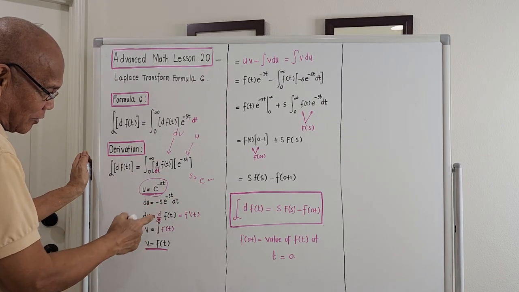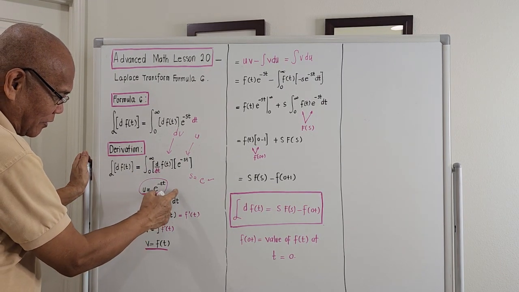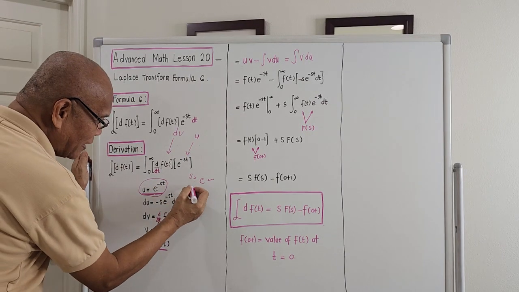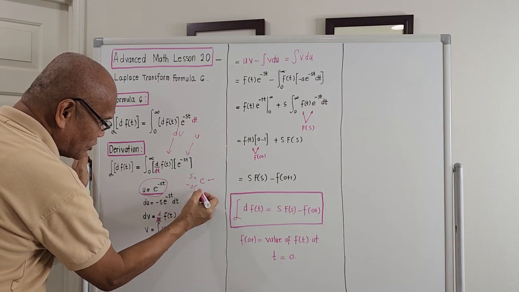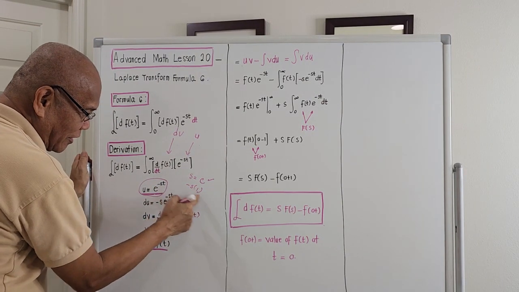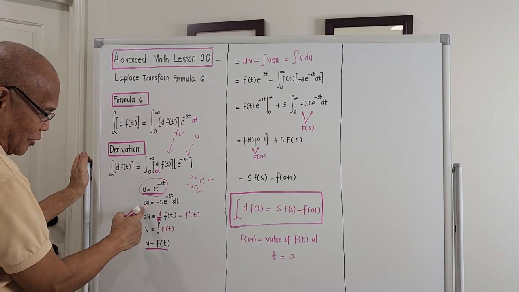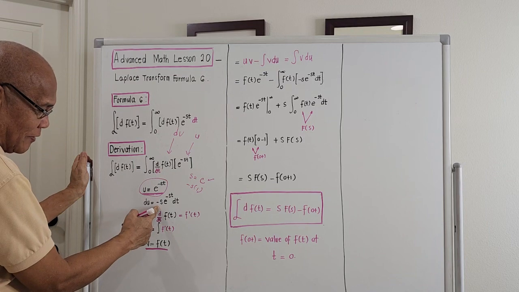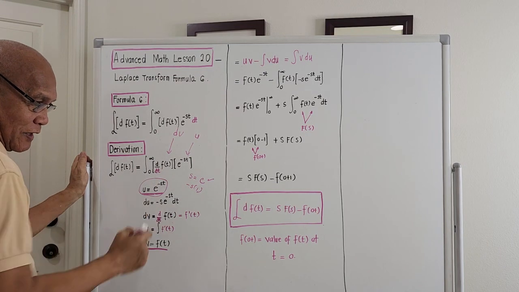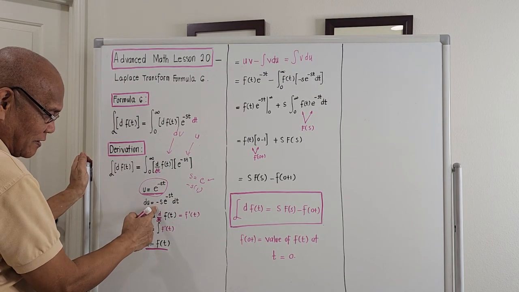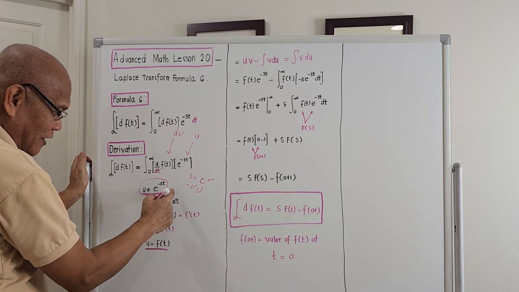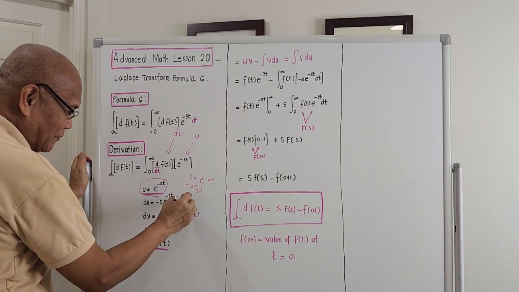And the exponent is actually a constant times the variable t. So it will be negative s times 1. So the total derivative of the exponent will be negative s. So the coefficient of du now, I place it here. Okay, I expedite a little bit. It will be negative s e raised to negative st times dt.